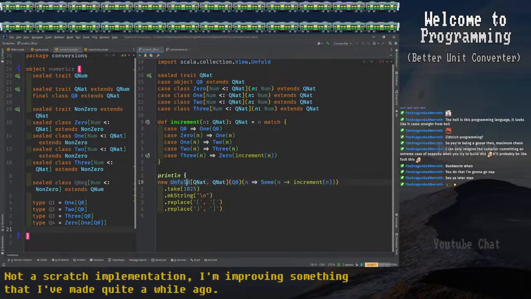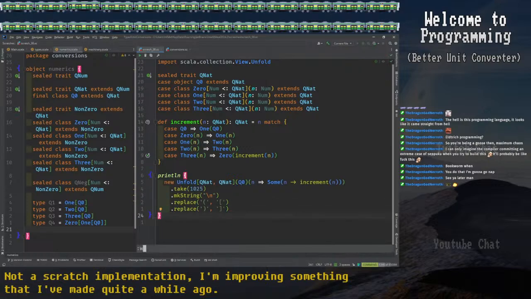This should... No? Oh, hang on. This is annoying. Right. I need to define a way to make this... Oh wait, I can just do the thing.